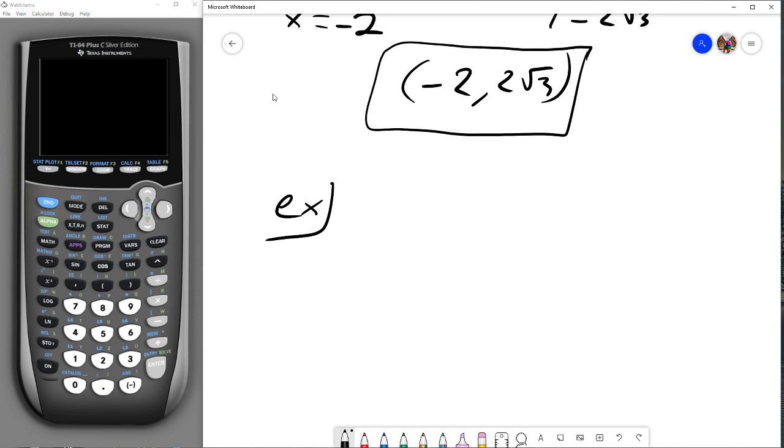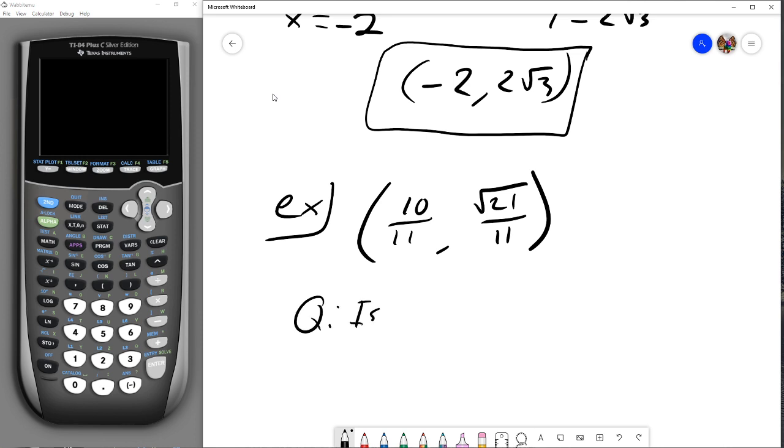If I give the point 10 over 11 comma root 21 over 11, the question is the following: is this point on the unit circle?